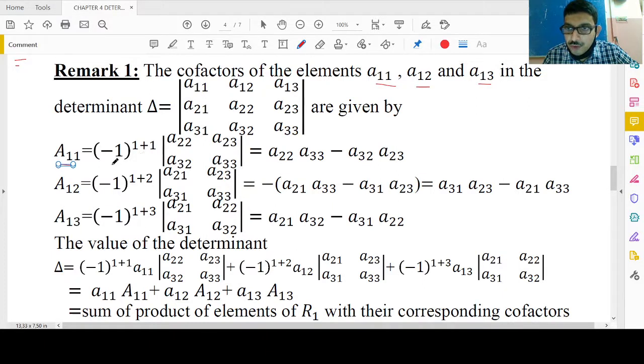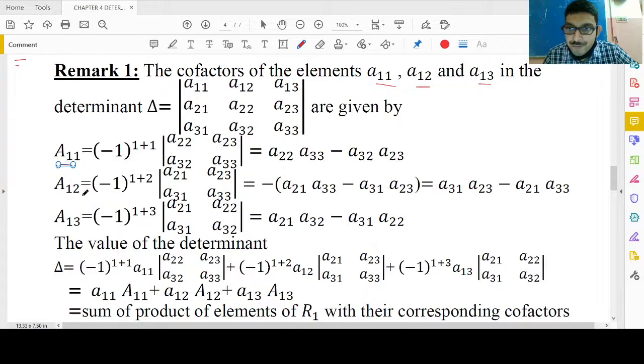The determinant is A22, A23, A32, A33. This is the minor, and you multiply with the position sign, minus 1 to the power 1 plus 1. It is minus 1 squared, so it will remain as it is. So it will be A22 A33 minus A32 A23.